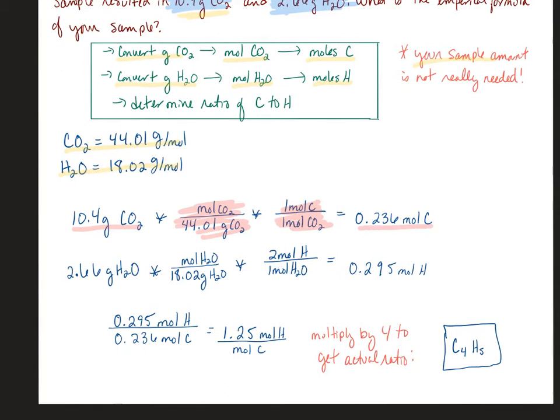Then we're going to do something similar with H2O. We take the amount of grams we have there, convert that into moles of H2O, but you have to be careful in the next step, because for every mole of H2O, you have 2 moles of hydrogen. So make sure that that is something you take into account. And so you have the moles there.